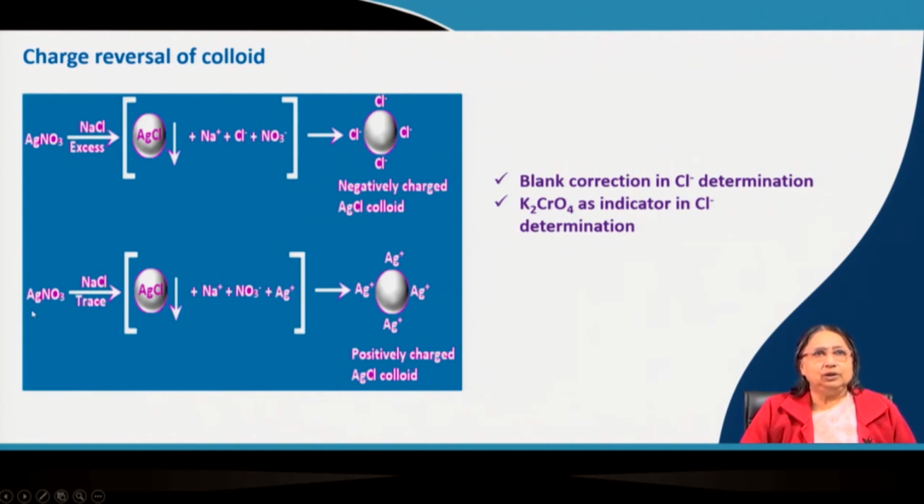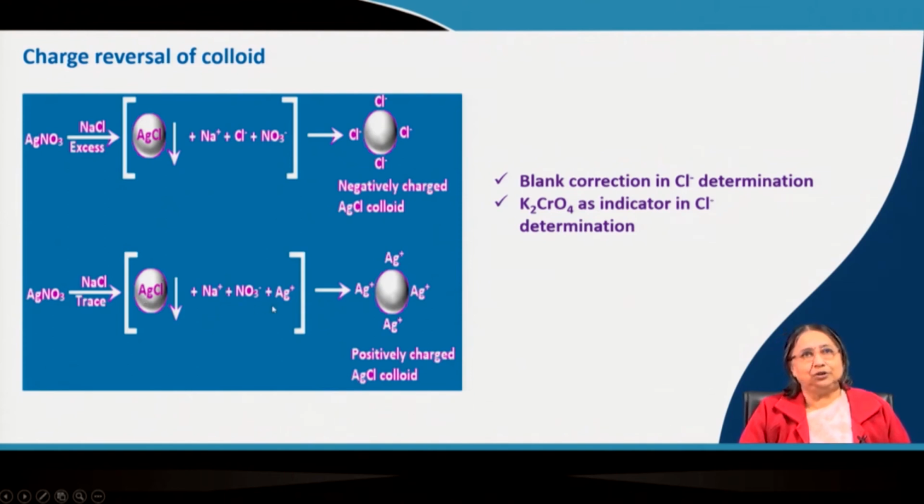So, silver nitrate will remain in excess. Ag+ will be in excess, nitrate will come from silver nitrate, and you do not have any chloride ion here because you added sodium chloride in trace amount. So, all chloride will be converted to silver chloride, but you have this choice.